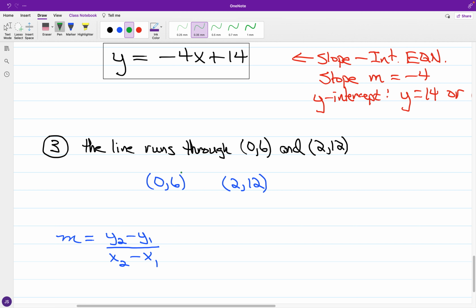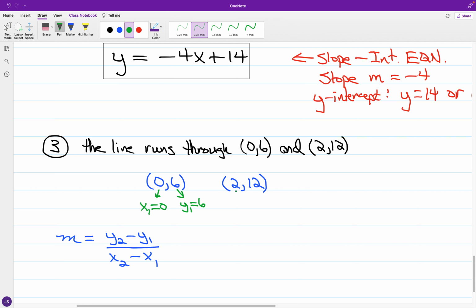It doesn't matter which of these 2 points is first, but since (0, 6) comes at the front, we'll say 0 is the first x and 6 is the first y.